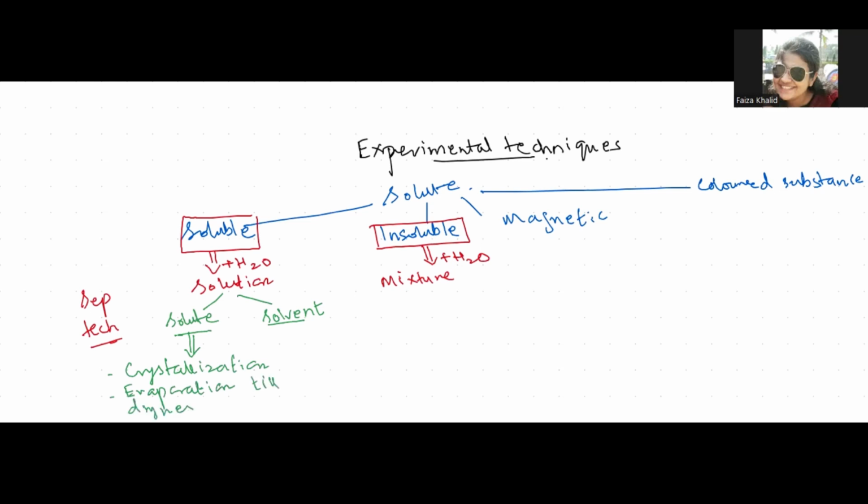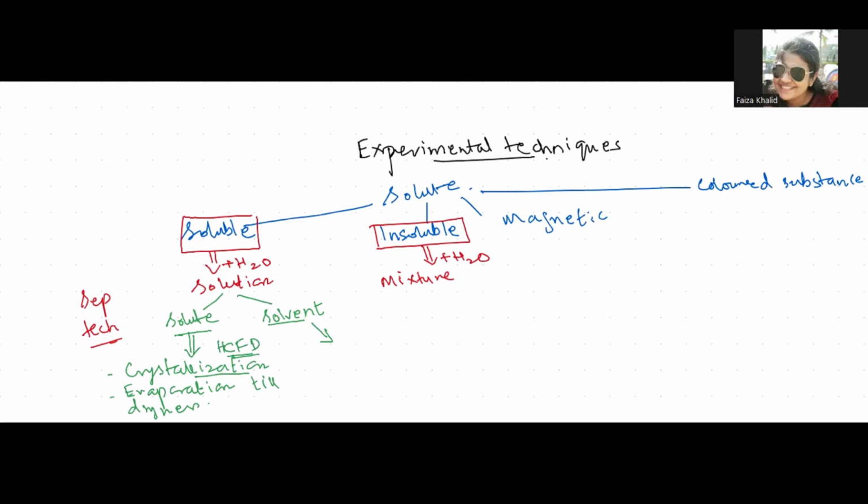By the way, what is the mnemonic for crystallization that I taught you? HCFD. Remember? H stood for? Very good, heat till saturation point.